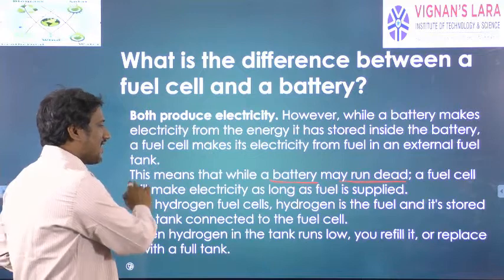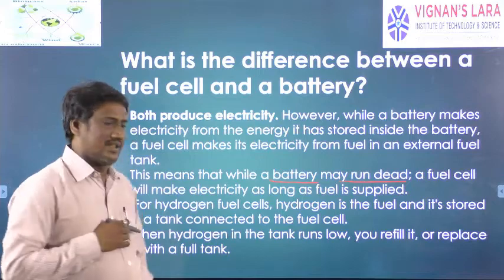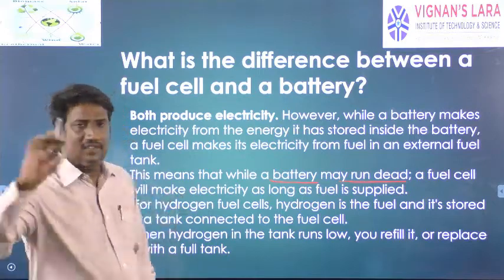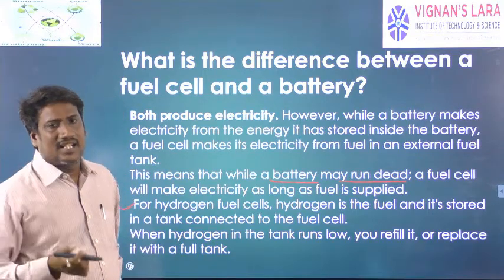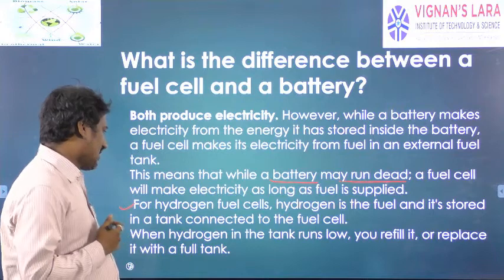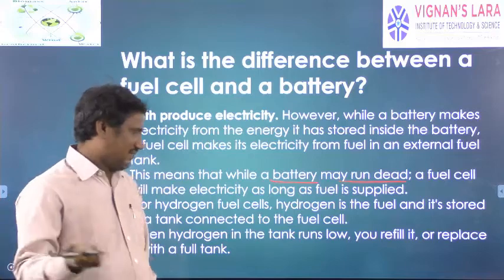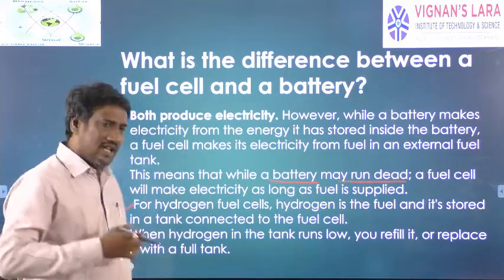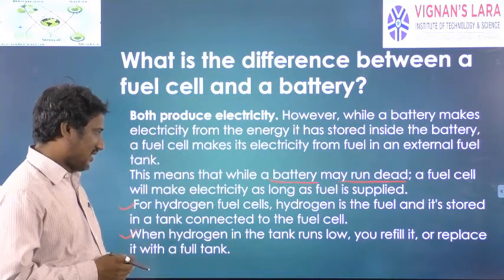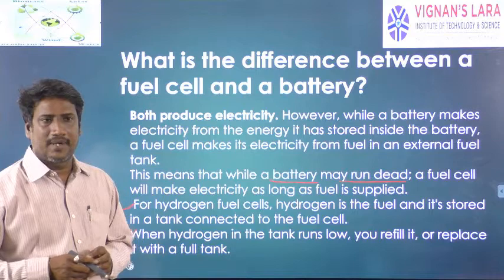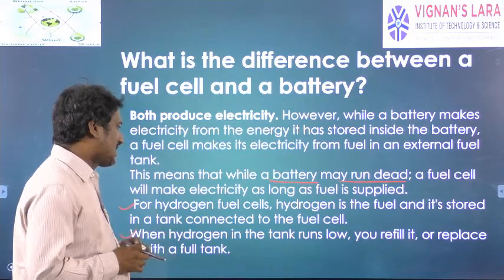Let us say you consider a hydrogen fuel cell. The input will be hydrogen, and oxygen is also taken. The combination of these two will give you electricity as well as water. When the hydrogen in the tank runs low, you can refill it or replace it with a full tank, so that it can continuously produce electrical energy.